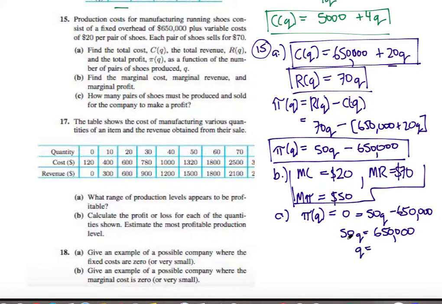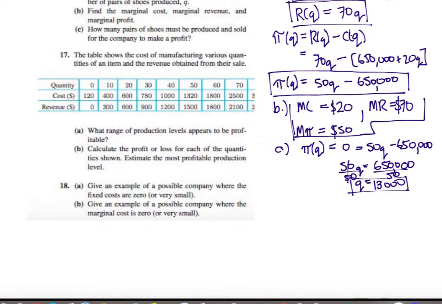And if I divide both sides by 50, then I see that Q will end up being, let's see, that's difficult to do in my head, so I'll just go ahead and use a calculator. 13,000. So I will need 13,000 shoes sold before I start to turn a profit.